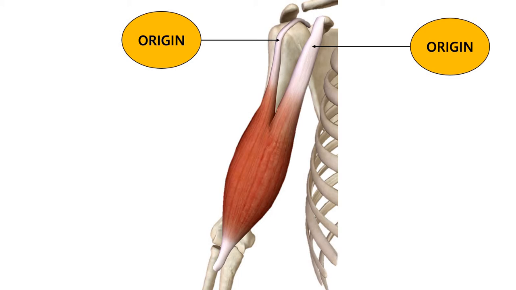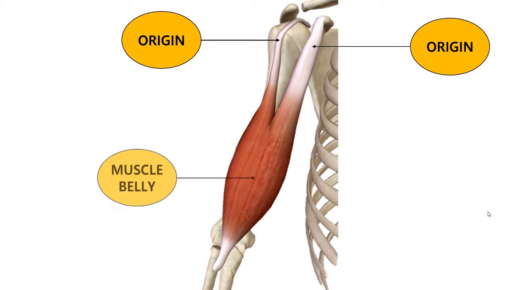The short head of the biceps brachii, which is this inner head here, originates from what is called the coracoid process on the scapula, shoulder blade back here. And the long head, the outer head here, also attaches to the scapula on what is called the supraglenoid tubercle, but that's perhaps getting a bit advanced for what we need to know here.